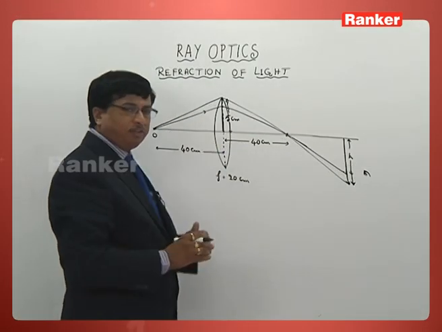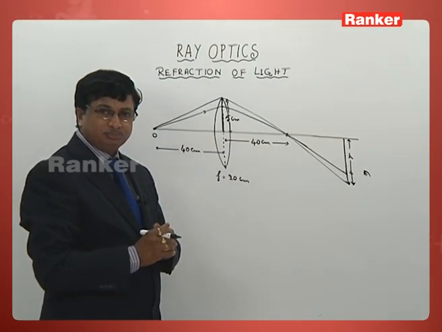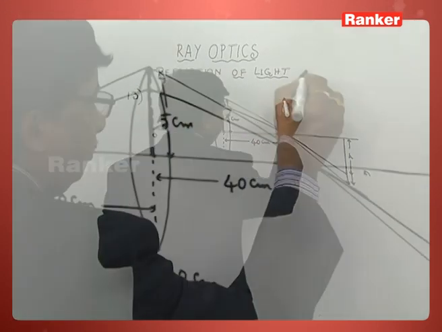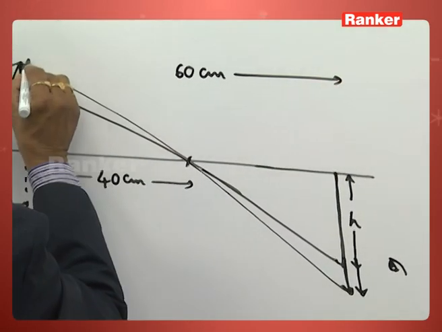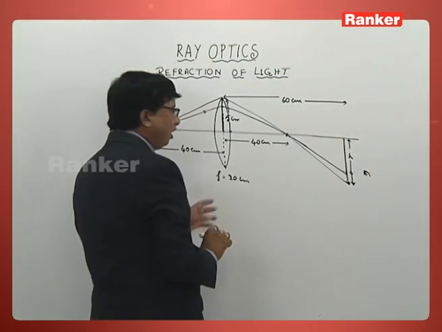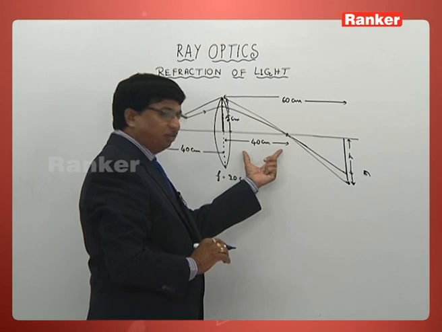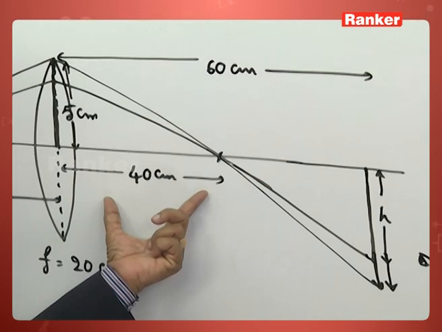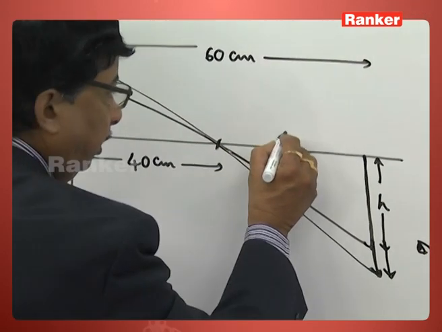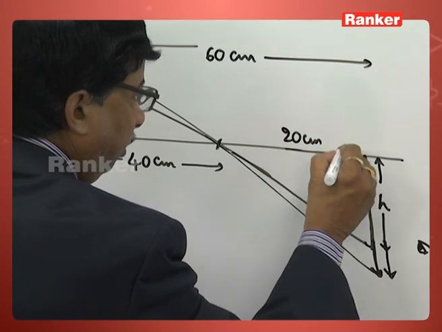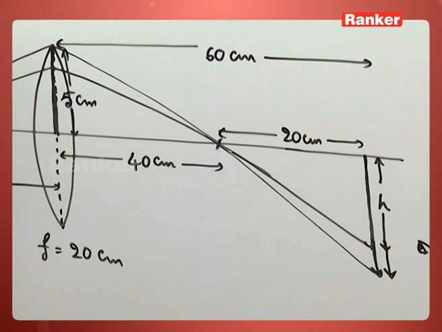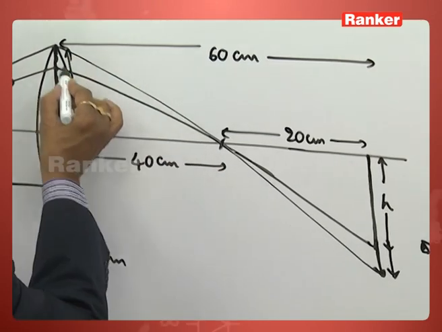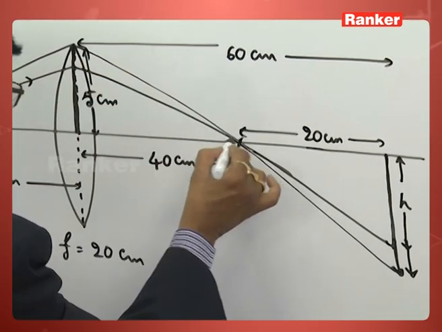And at what distance is the eye kept now? The eye is kept at a distance 60 centimeter from the lens, he has given you. Out of that 60, this is 40 we know. Then what will be the remaining distance? Surely 20 centimeter. Now just look at this triangle and this triangle.